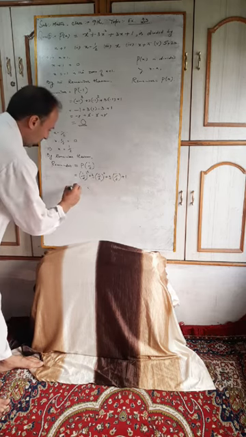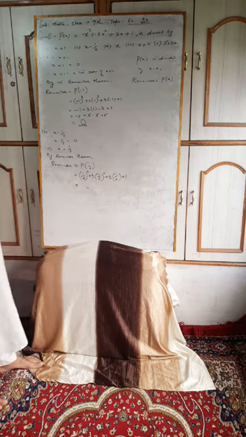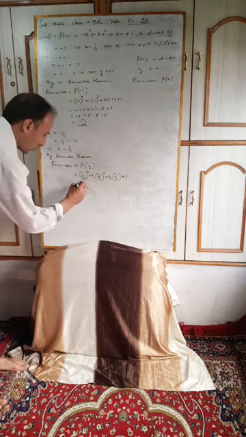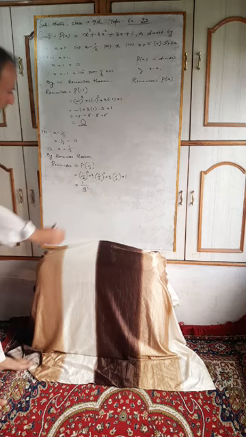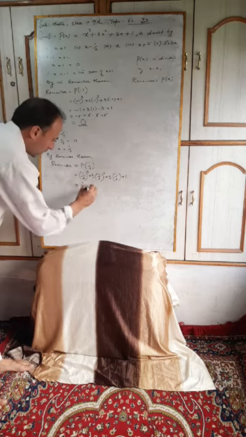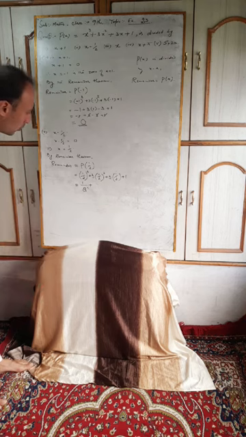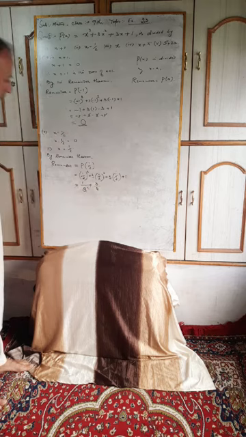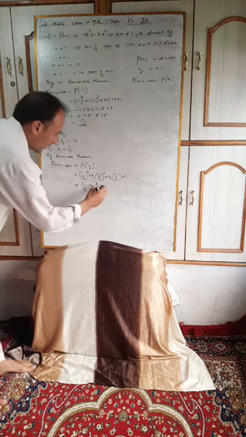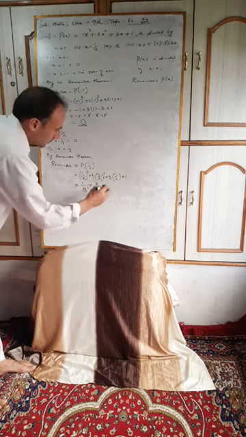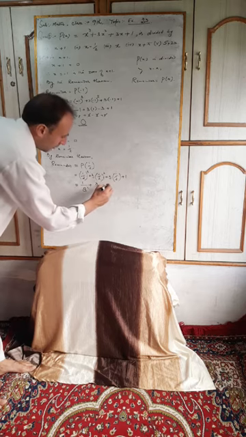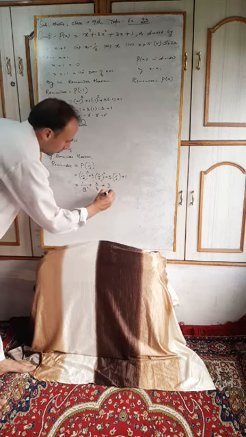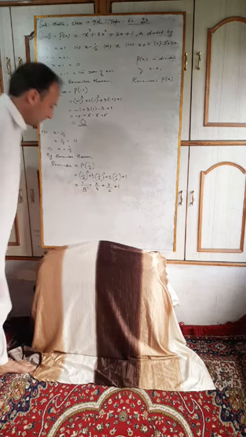So (1/2)³ is equal to 1/8, plus 3 into (1/2)². (1/2)² is equal to 1/4, so it will be equal to 3/4. And now plus 3 into 1/2, that is equal to 3/2, plus 1.